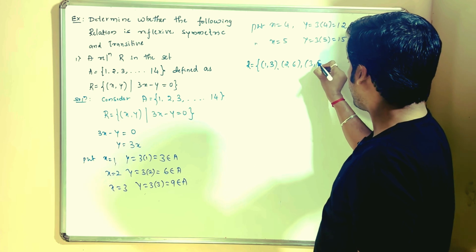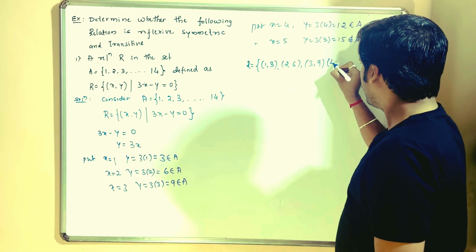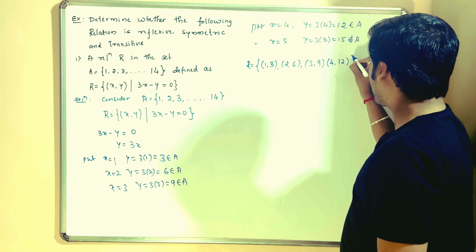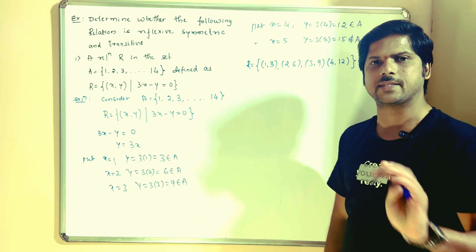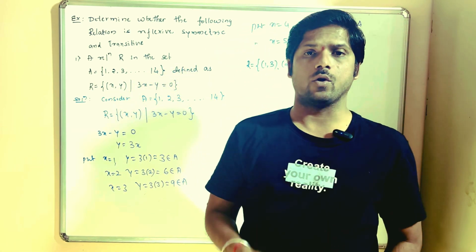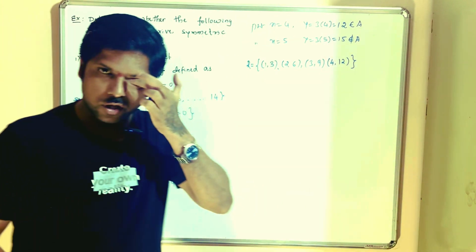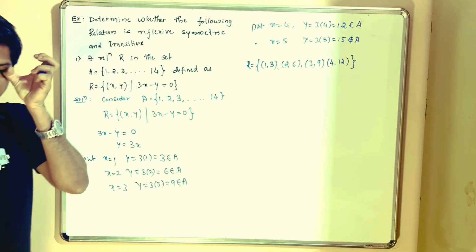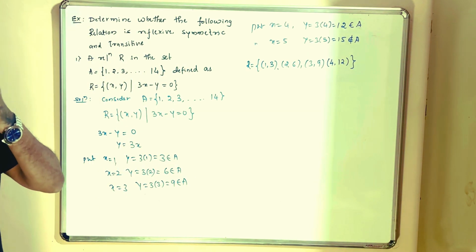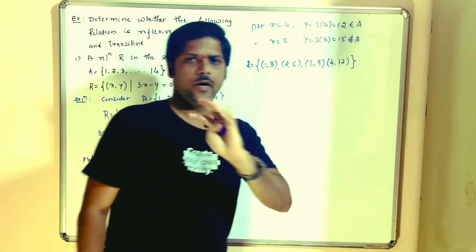When x equal to 3, y value is 9. When x equal to 4, y value is 12. These 4 are only satisfied, because if we substitute x equal to 6, then we get y equal to 18, and 18 does not belong to the given set. Okay, so now stop it here. We have 4 ordered pairs.